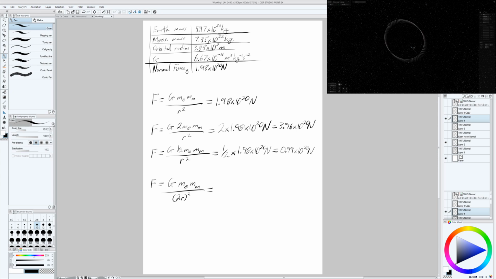It's 4. So you're going to end up getting 1/4 of the original force just by doubling the radius.